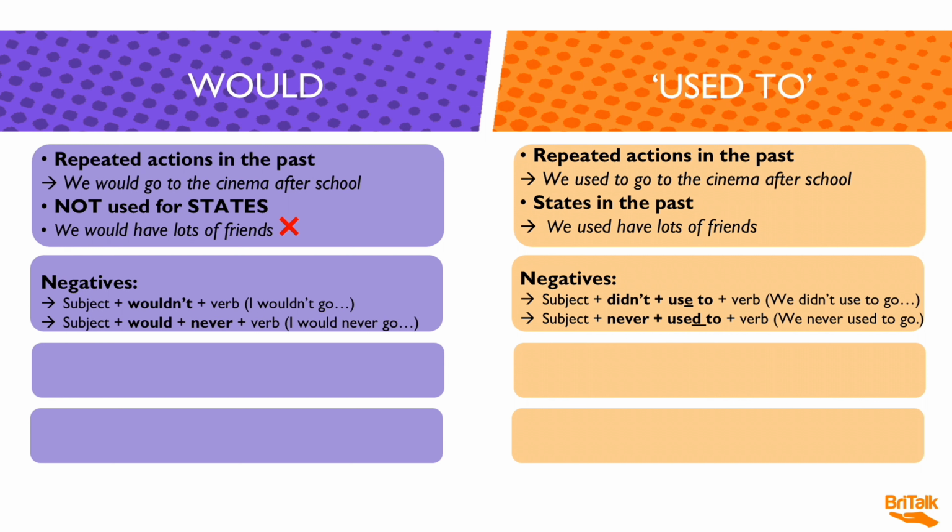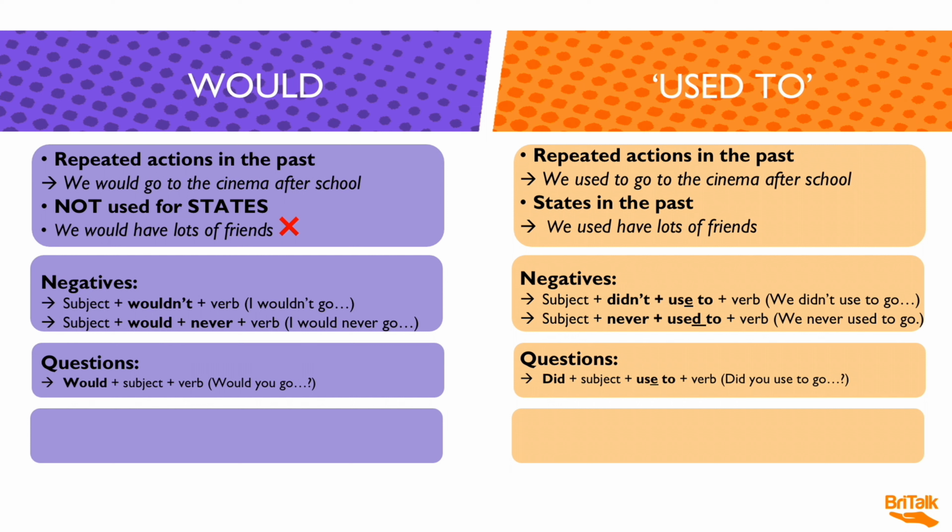I wouldn't go. Or the subject plus would plus never plus the verb. I would never go. Questions can be created with used to, with did plus the subject plus used to without the D again because we have the auxiliary verb did and the verb. So did you use to go? Questions with would can be created with would plus the subject plus the verb.